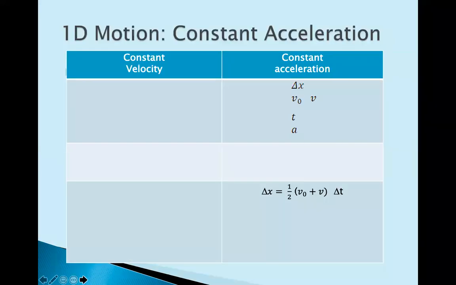That's how it stopped. Let's look at the others, one of a simple one-dimensional motion. This is the one-dimensional motion with a constant acceleration. So we have displacement, x, initial velocity, v0, final velocity, v, time, and acceleration. There are 5 properties that define this motion.